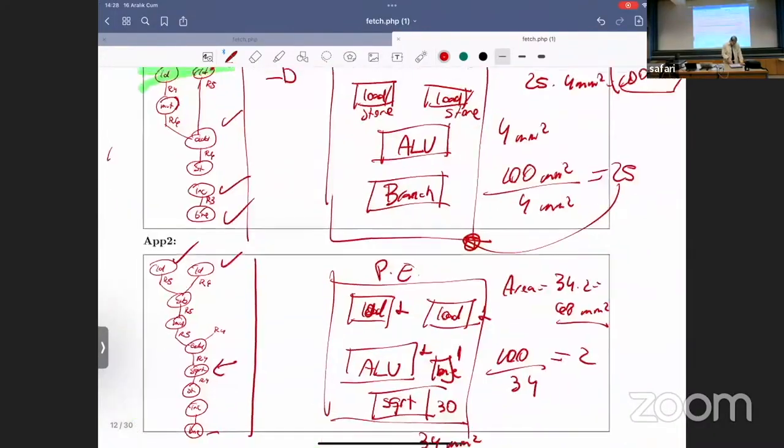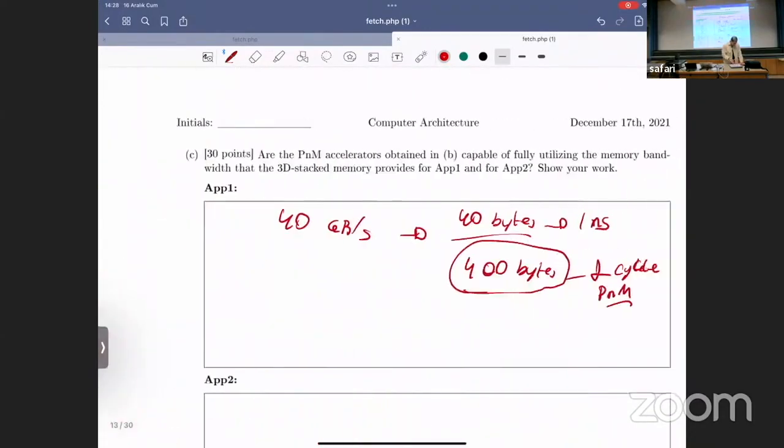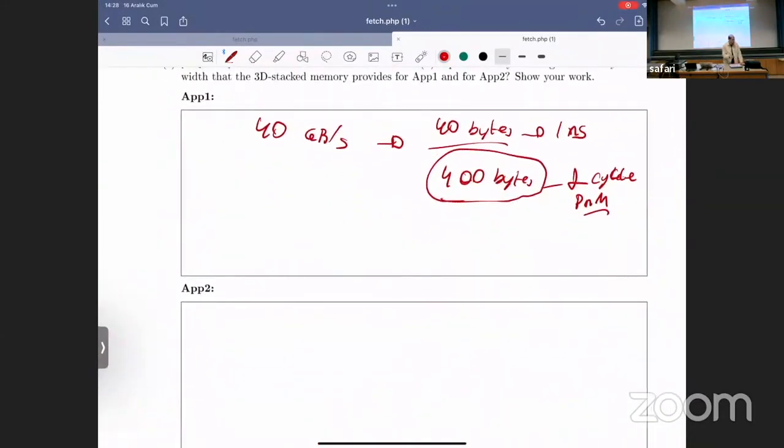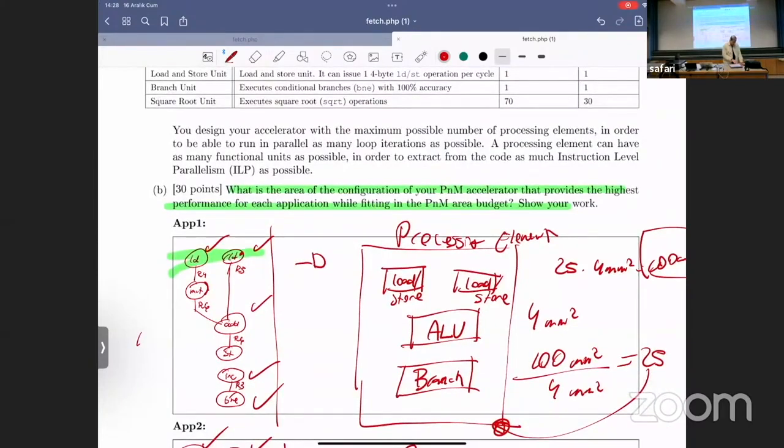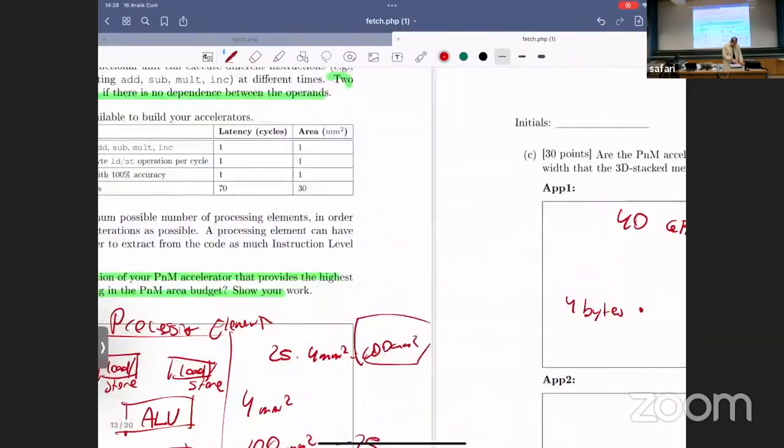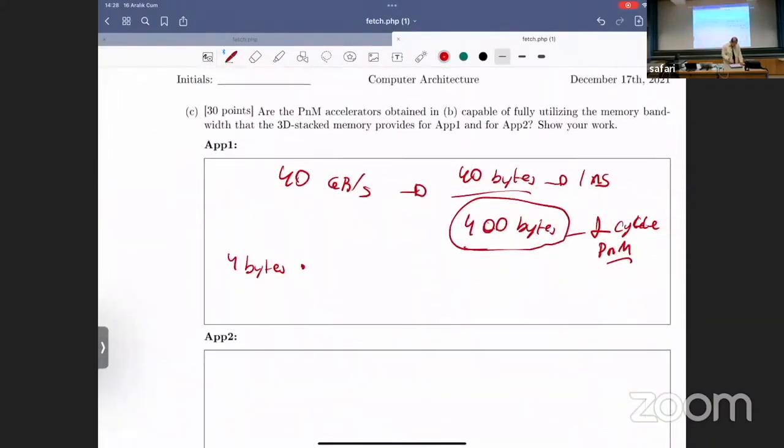In the accelerator that we designed before, the maximum of each load operation is 4 bytes. And in a single processing element unit, because I designed it with the 2 load units in parallel, you can load 2 operations at the same time. And you have 25 units.